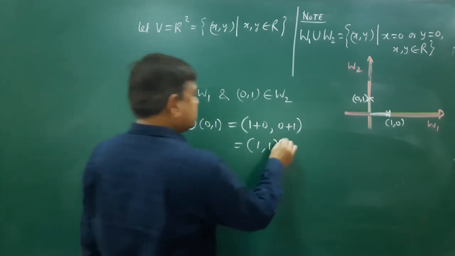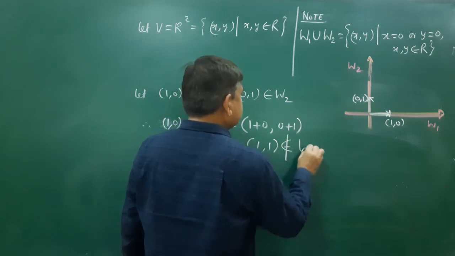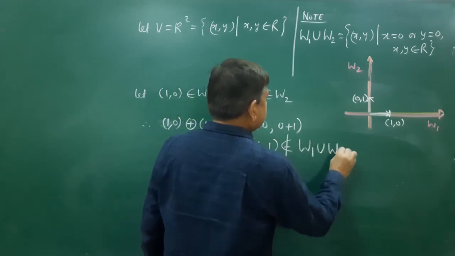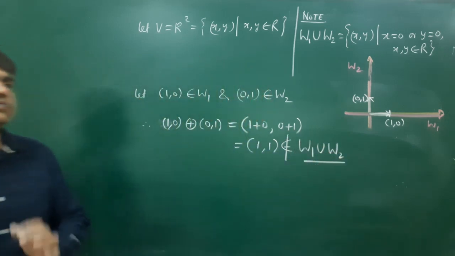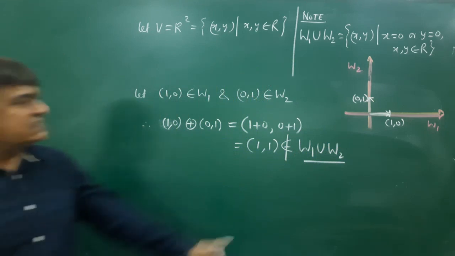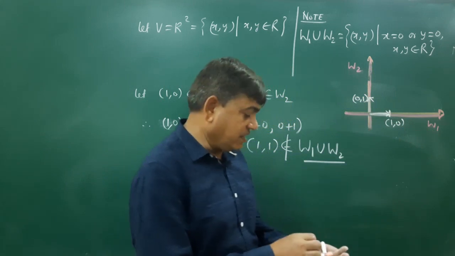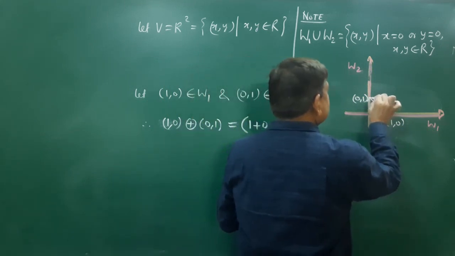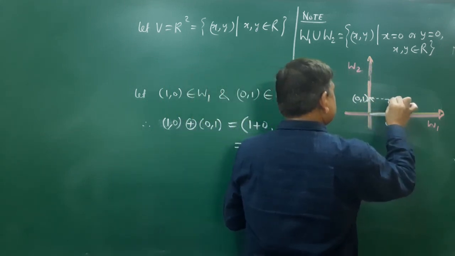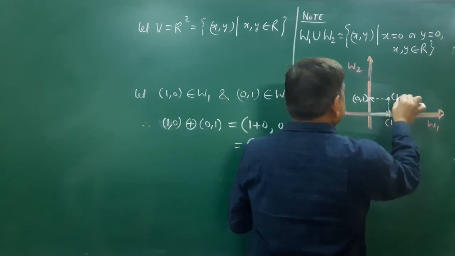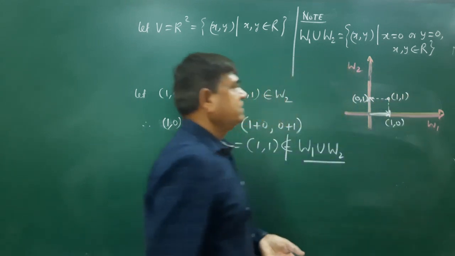And this is not a member of W1 union W2, because the union contains either a point on this line or on this line. Graphically, here it is the point (1, 1).